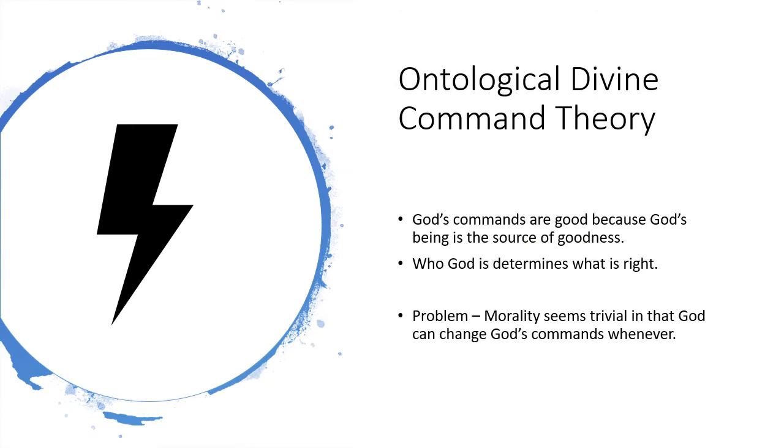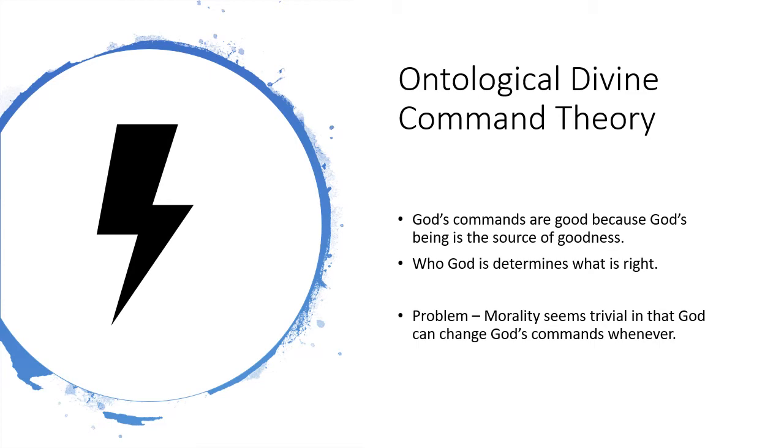Your other big money word for today is ontological: ontological divine command theory. Ontology in philosophy is the field of study about the nature of being, what it means for something to be. In ontological divine command theory, God's commands are good because of who God is. God's being is the source of goodness.